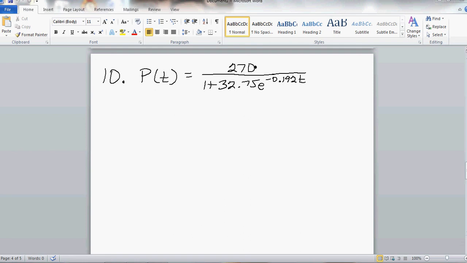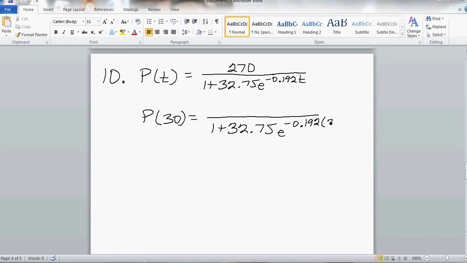But here we're asking specifically, what will the population be in 30 years? Well, that's t. So all we have to do is find p of 30, and it's nothing more than making sure you put this into the calculator absolutely right. So I'm just going to rewrite the fact that t is 30, and we have 270 up here.